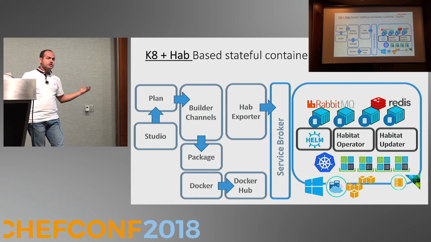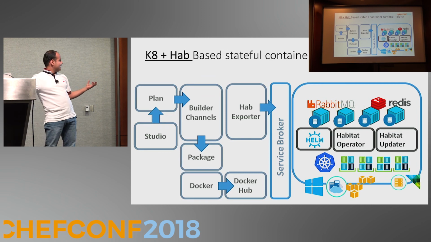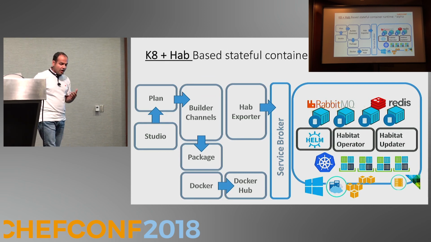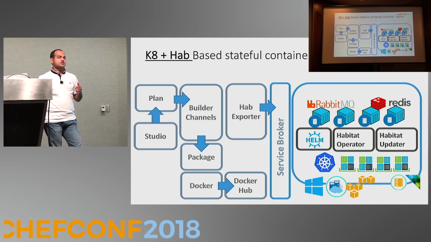You start with the Hab Studio, which is your developer box. You come up with a plan. You build your packages using the builder, and now the builder can push your packages directly to Docker Hub. It converts your packages into containers and pushes them to Docker Hub.